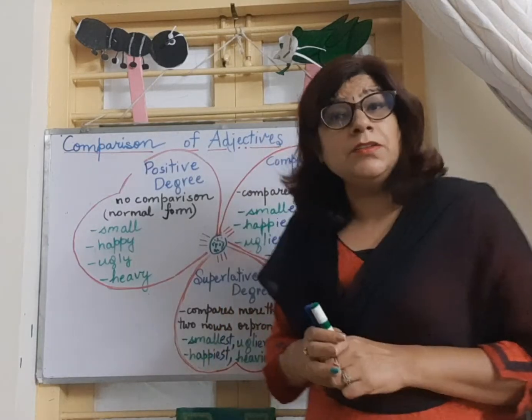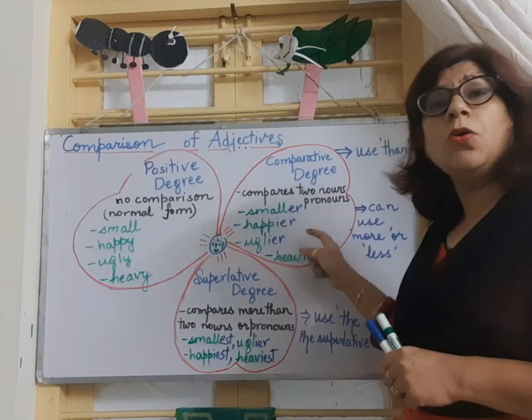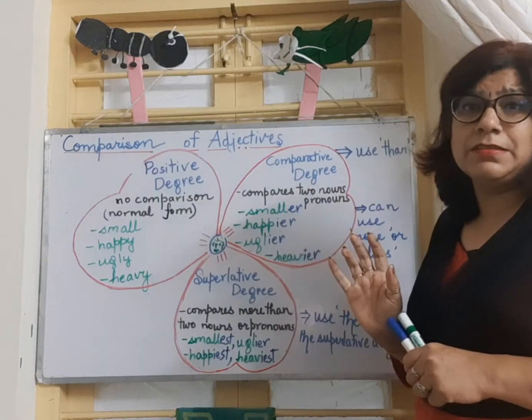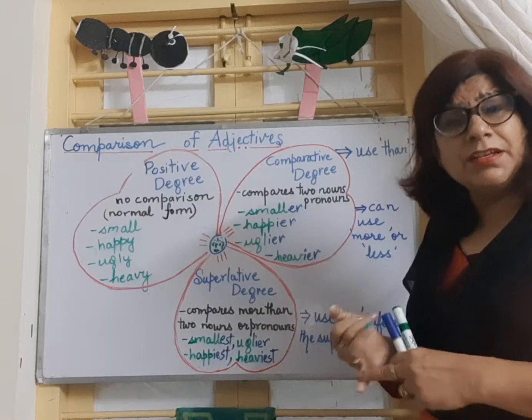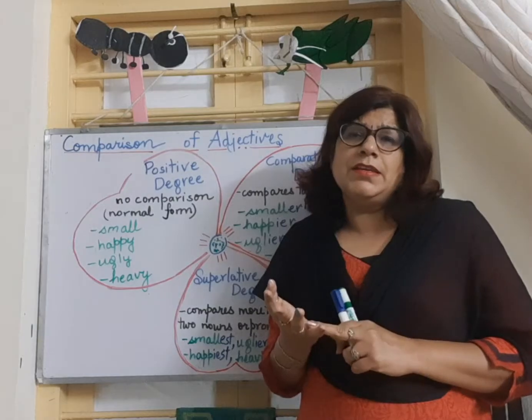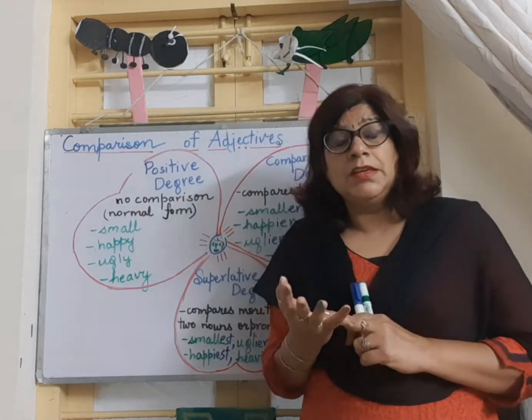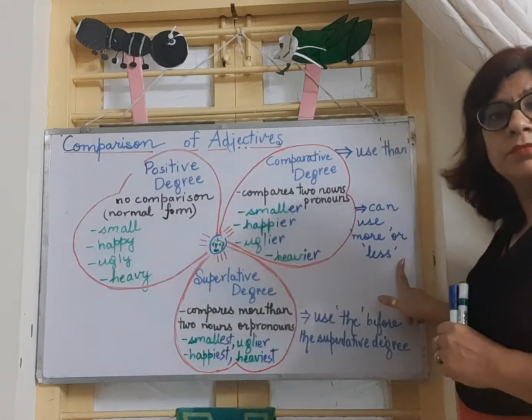Now there are certain words where we do not add ER or IER at the end. So words like difficult, interesting, beautiful, we are not adding ER or IER to make the comparative degree. We are using the word more or less.